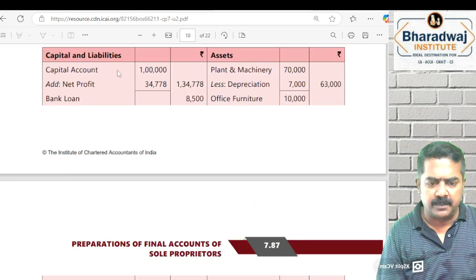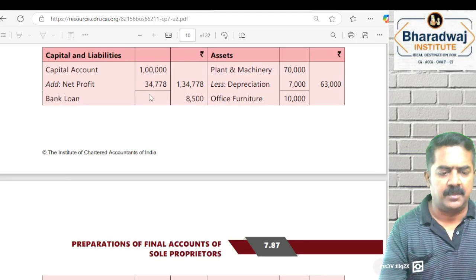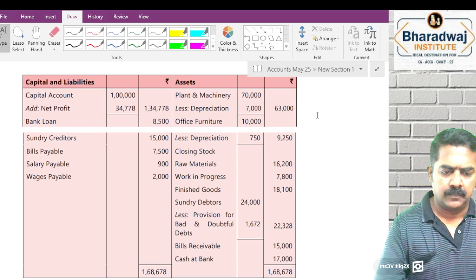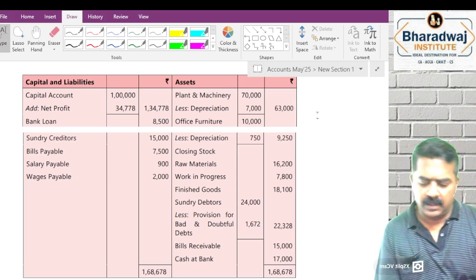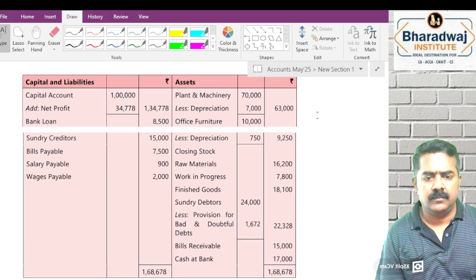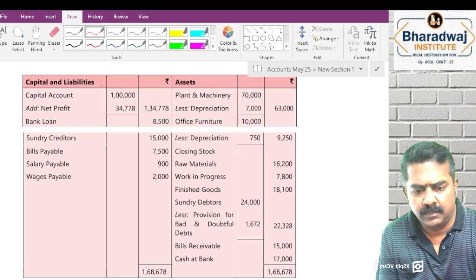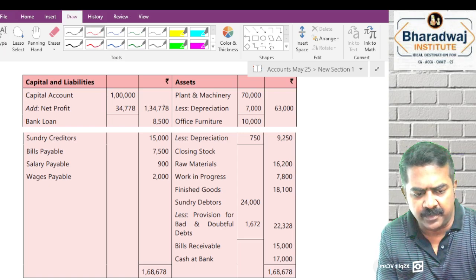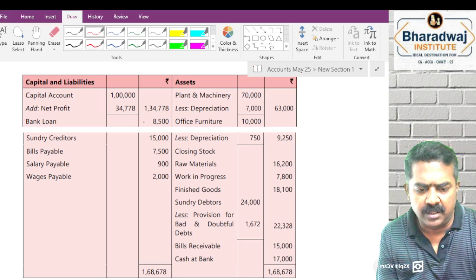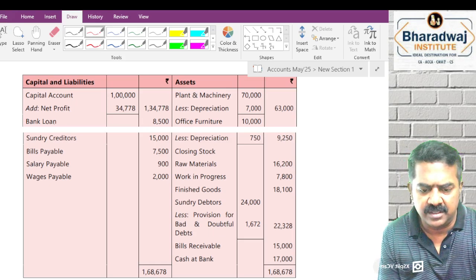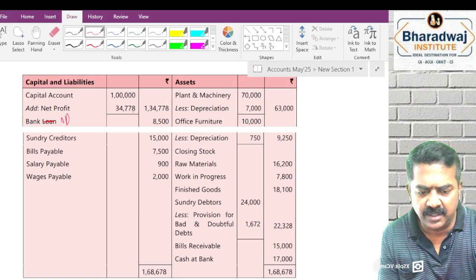So when we prepare the balance sheet, check liability side பாருங்க. Capital and net profit, we get the total. Bank loan, bank OD will come.